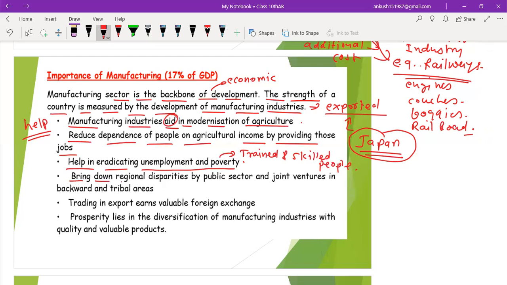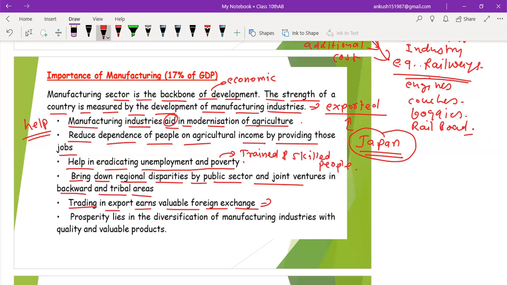It brings down regional disparities by public sector and joint ventures in backward and tribal areas. Yes, manufacturing industries have reached the people where it was not possible a decade before. Trading in export earns valuable foreign exchange. I just told you some time before.